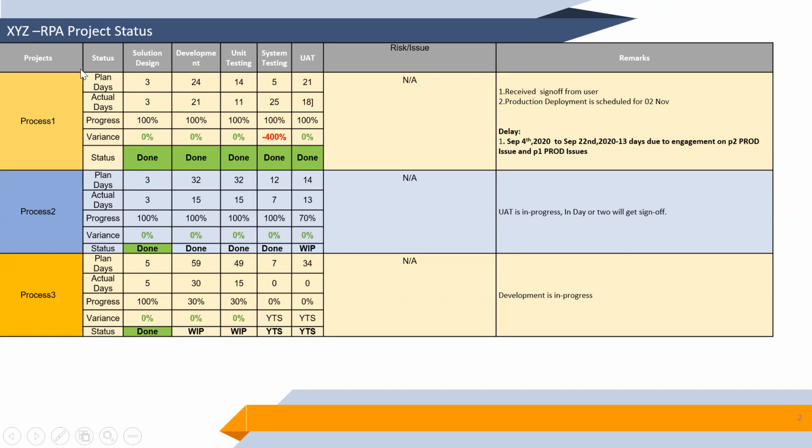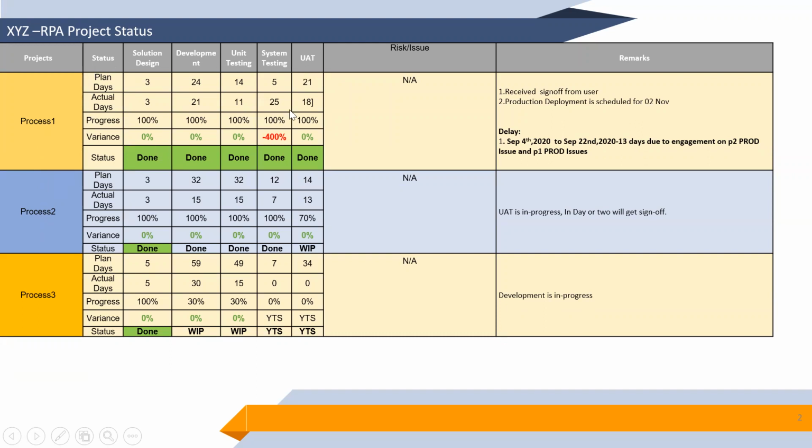In this template, you write the company name in a header, company name, RPA project status, and the columns should be like projects, what projects are there, in the first column. You can see process 1, process 2, process 3, and status, solution design, development, unit testing, system testing, and UAT.